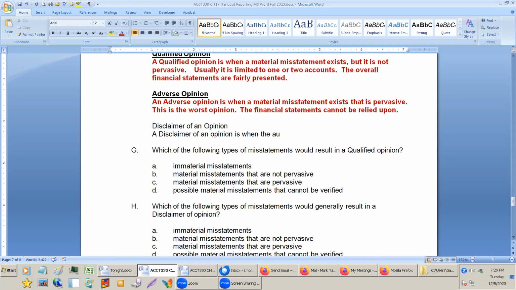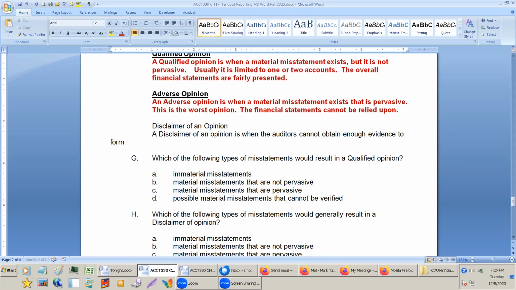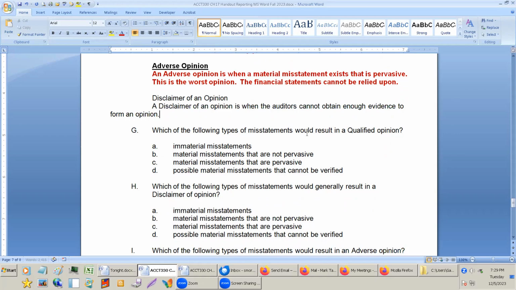Then the auditors cannot get, others cannot obtain enough evidence to form an opinion. So, for whatever reason, they cannot get enough evidence to say yes or no on opinion.